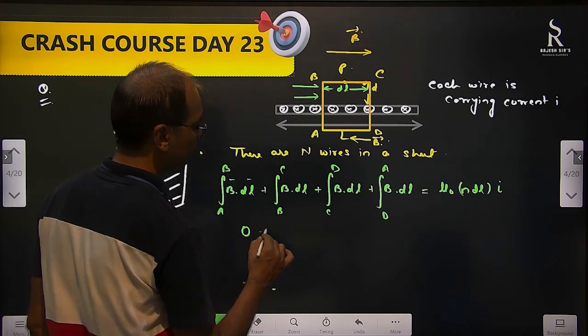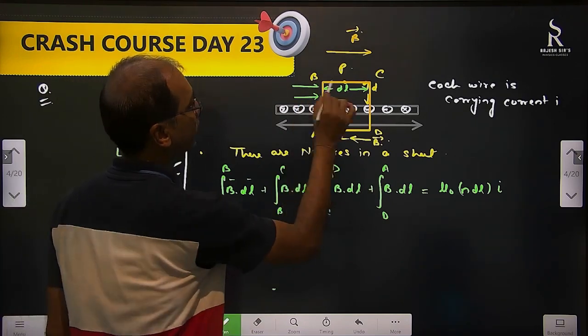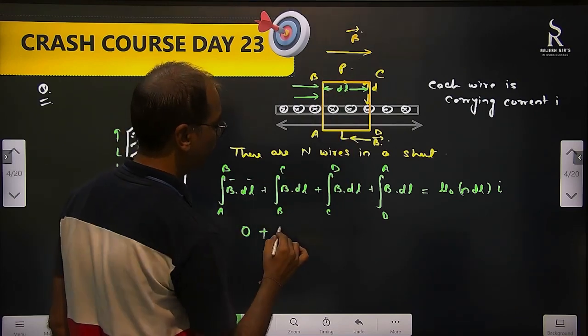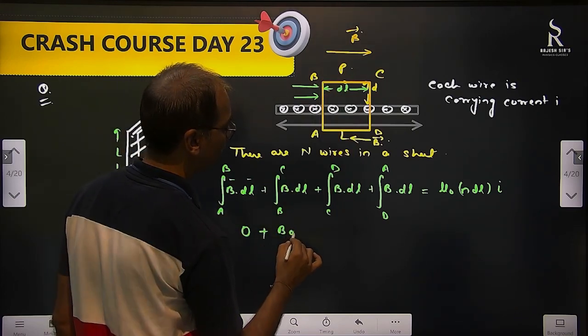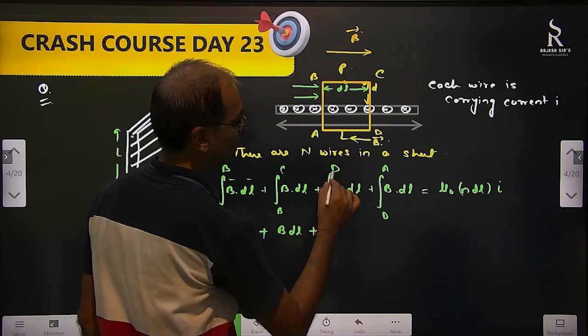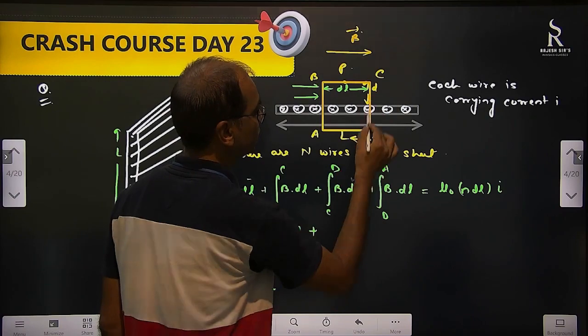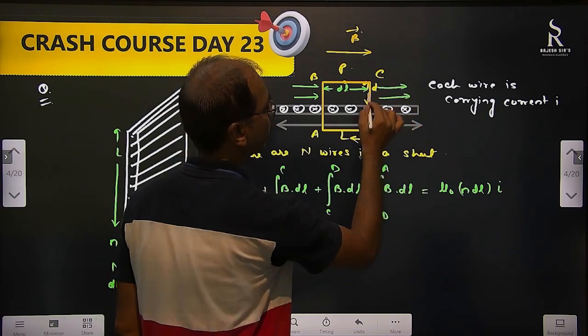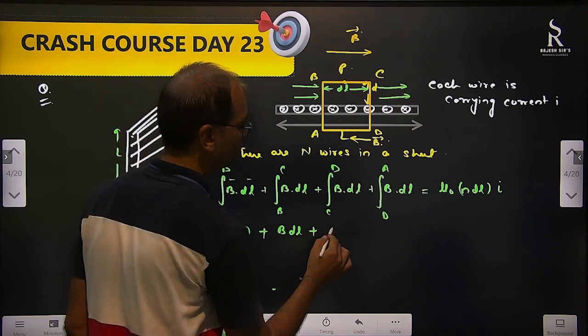Next, BC. Here BC and the magnetic field are in the same direction, so we write it as it is, B dl. Plus CD. CD is also in this direction, but the magnetic field is like this, so the magnetic field is perpendicular to CD, again 0.